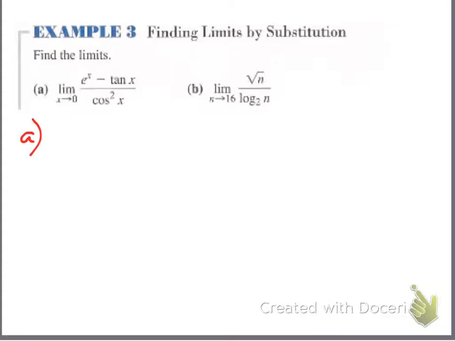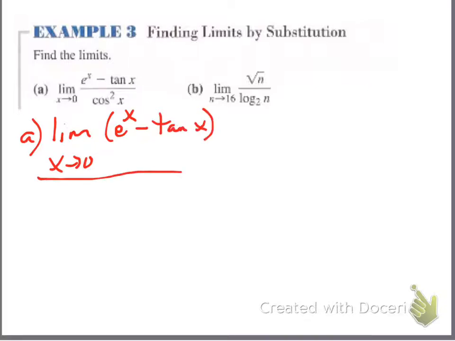Okay, so we have the limit of a quotient. That means I can do the limit as x approaches 0 of e to the x minus tangent x over the limit as x approaches 0 of cosine squared x. Now, that equals, now we have a limit of a subtraction here, right?